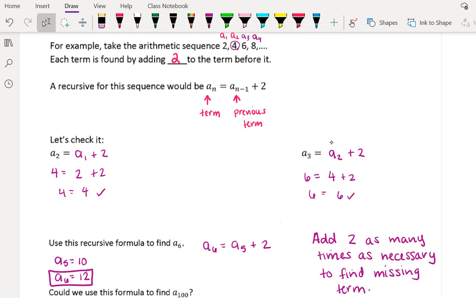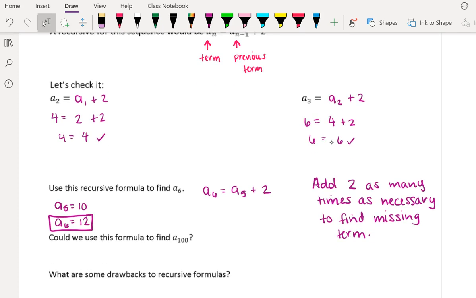Okay, so how about a sub 100? Well, a sub 100 means that I am looking for the 100th term. If I know the 99th term, I can just add 2 to it. But do I know the 99th term? No, I don't. I don't know the 98th or the 97th.